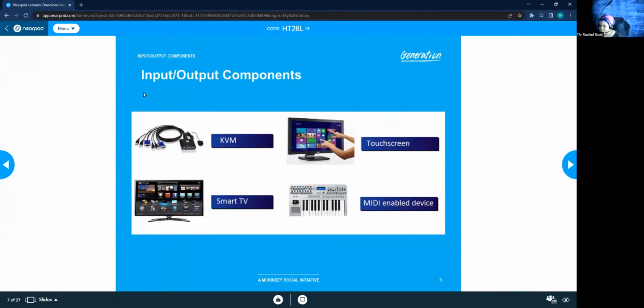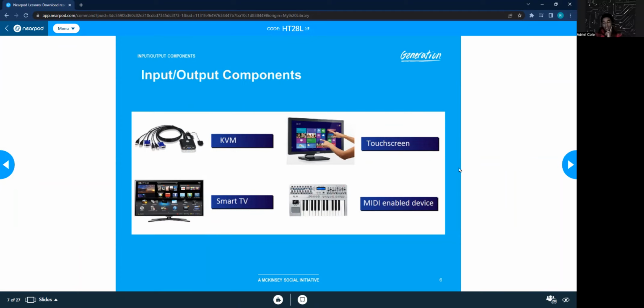Okay, now we have input and output components. Who can tell me what a KVM is? Adriel? Keyboard, video, and mouse.